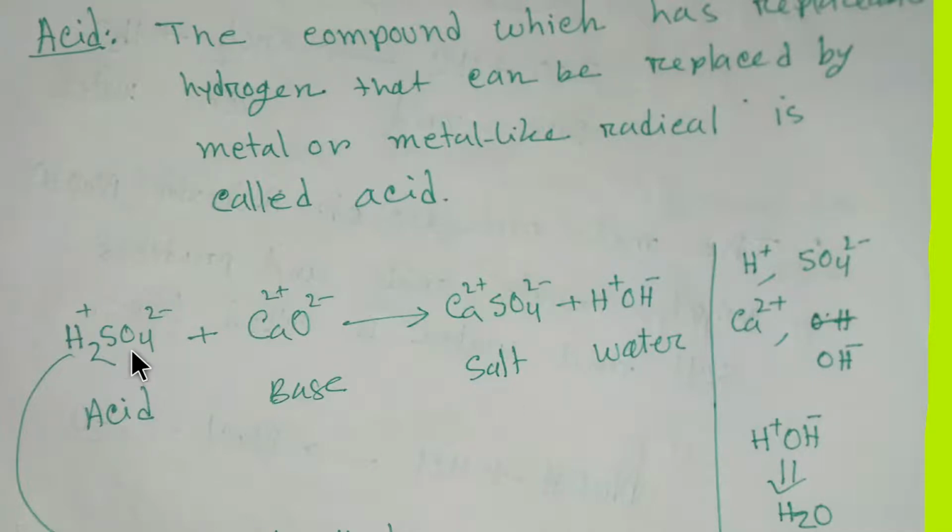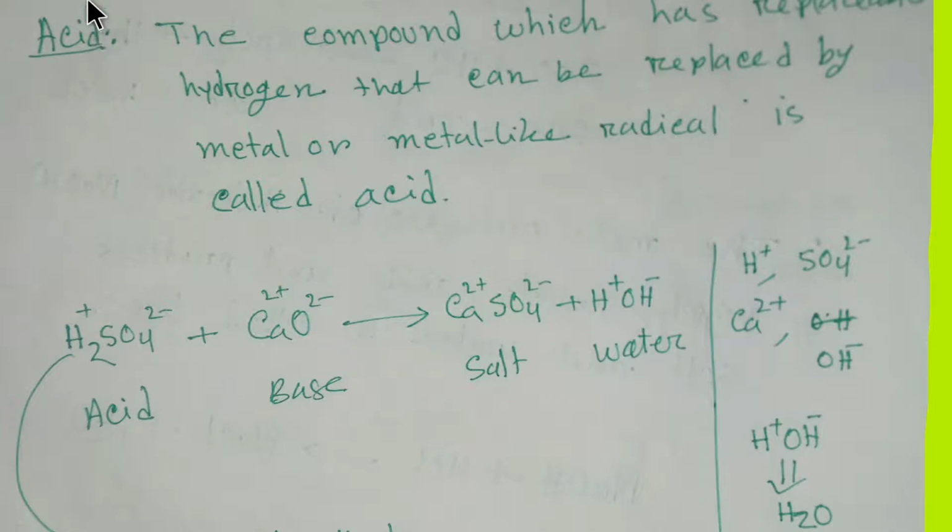And this calcium ion will come with sulfate ion, so we are getting calcium sulfate. This is salt. Can you tell me what is salt? The positive part of salt will come from base, and the negative part of salt will come from acid. That is, the substance which is produced by the reaction between acid and base is called salt.